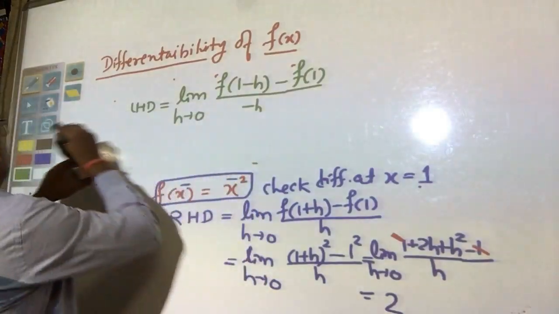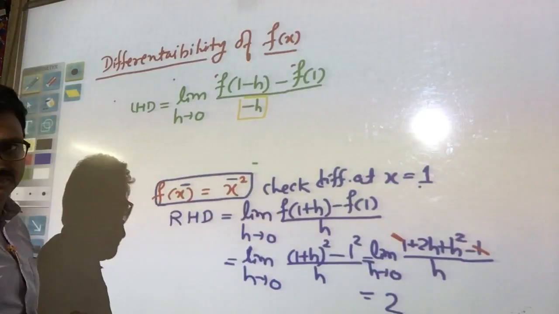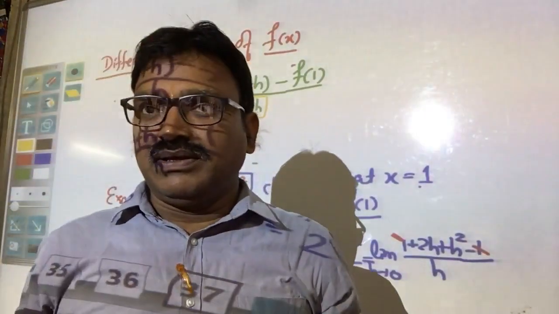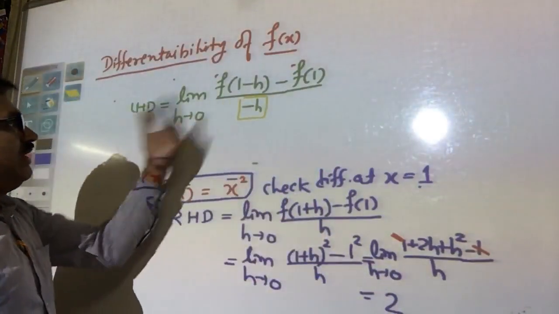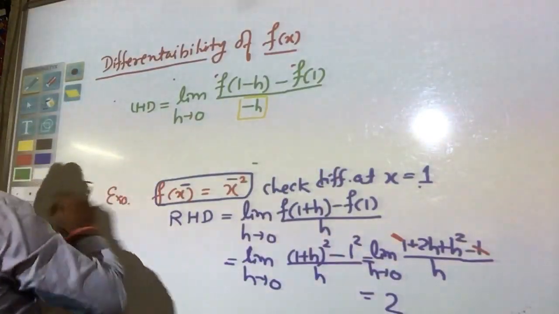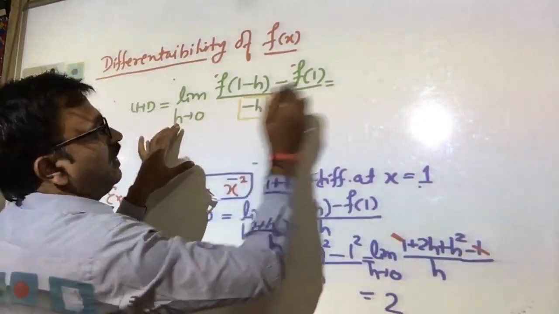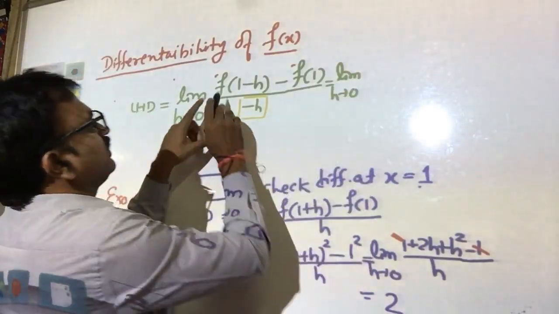It is also very important. Sometimes we miss it. It is minus h, students. It should always be remembered. So now again calculate this value. Limit h tends to 0.